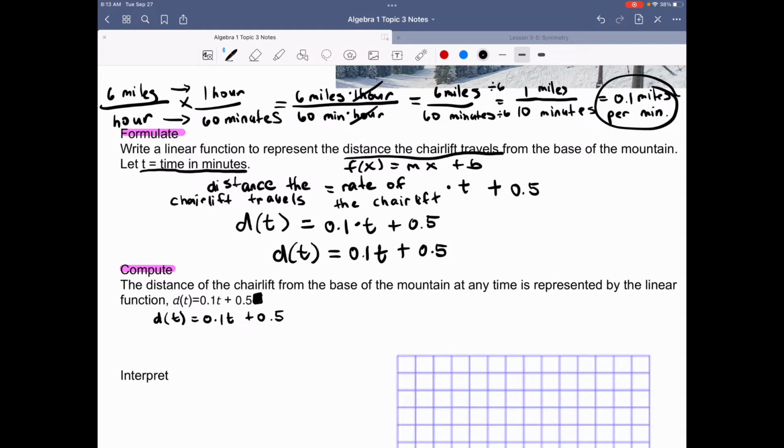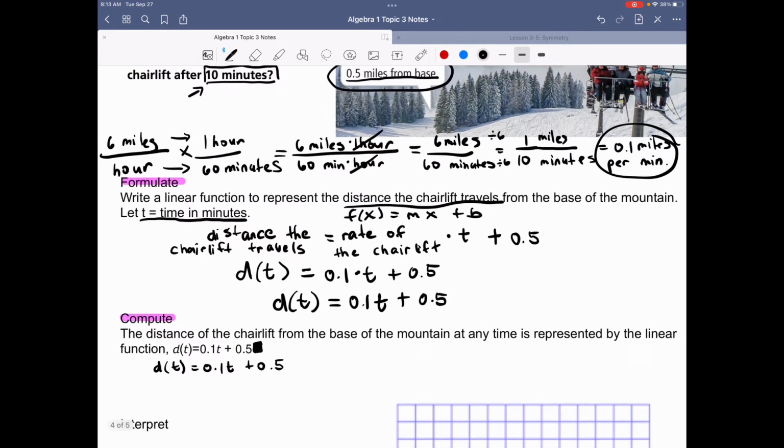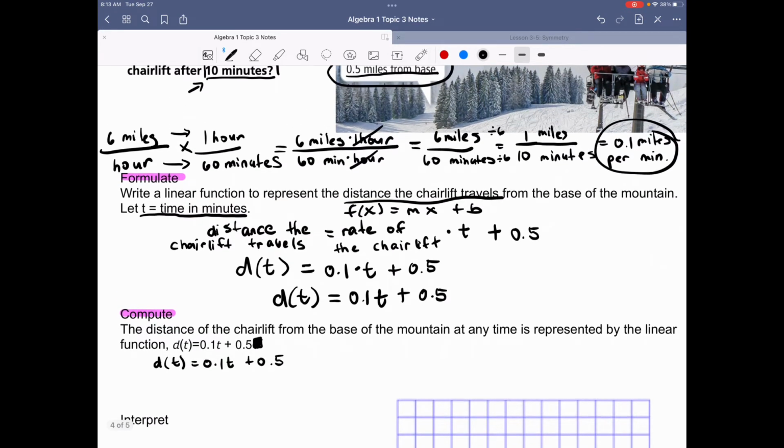So when we input that 10 minutes, we will put that into our t variable. So d of 10 equals 0.1 times 10, we plug in the 10 in t, plus 0.5.